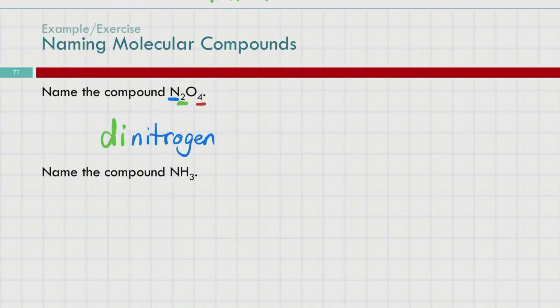And then we need our prefix for 4, tetra. So dinitrogen tetra, the base for O, which is ox, and we change the ending to IDE. So you would probably come up with dinitrogen tetraoxide. Usually that would be dinitrogen tetroxide. So we might drop the A on the tetra.